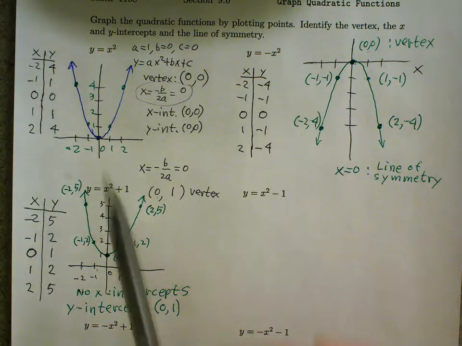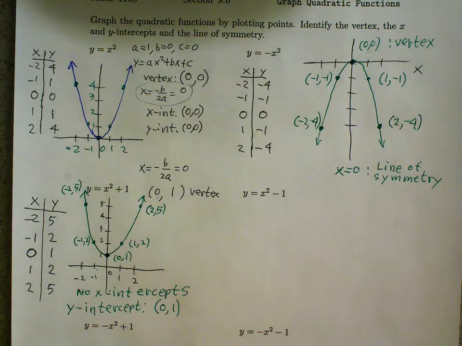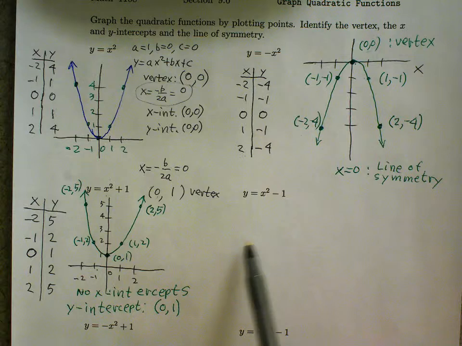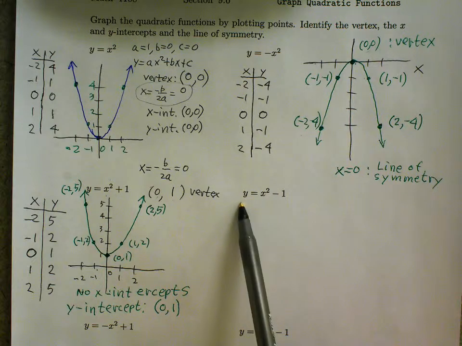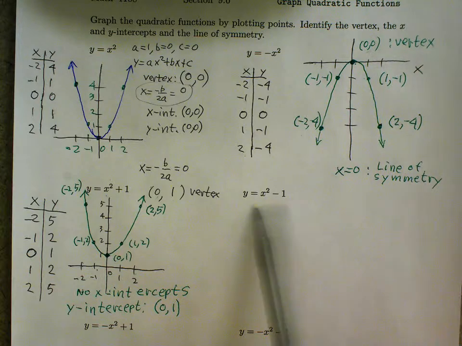We'll learn more about transformations like vertical and horizontal translations or shifts in a couple of days. But for now, we're just learning how to use the function as a formula for finding y coordinates whenever we pick an x coordinate.